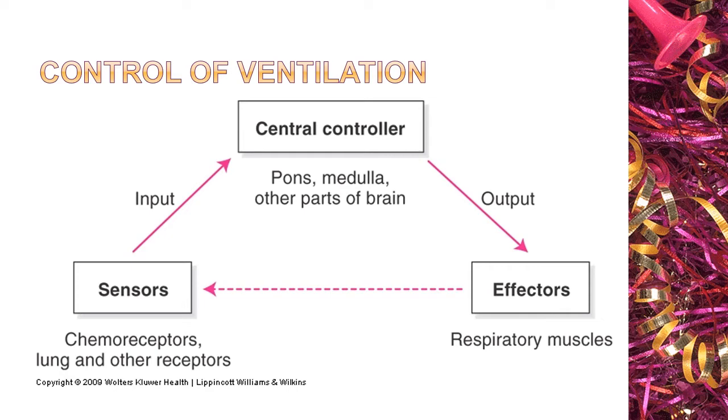So the output will be transmitted to the effectors. The information on what to do based on the change will be sent to the effectors. Usually it's the respiratory muscles to carry out what's needed to overcome or to go through the change.